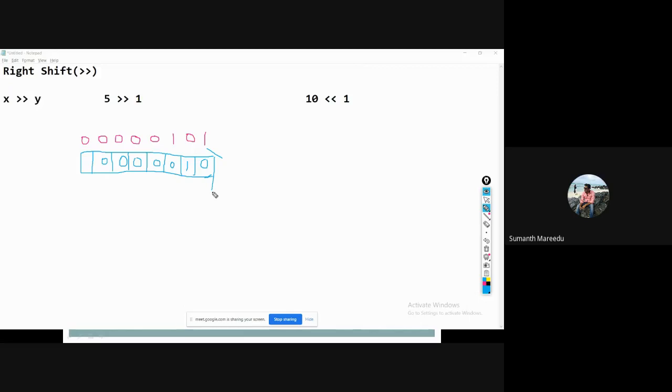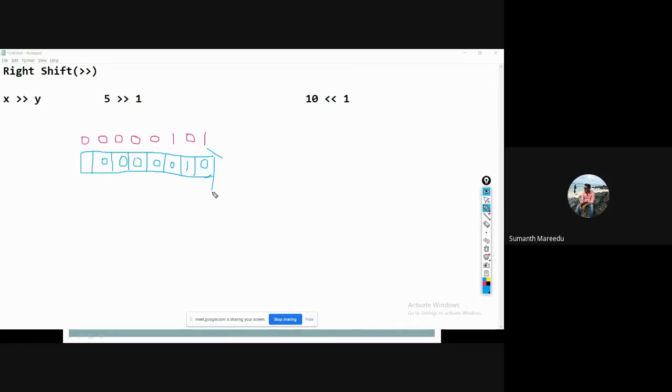Out of 8 bits, I lost 1 bit, which I shifted towards the right. The actual second bit is filled in the first position, and the actual first bit is simply ignored.